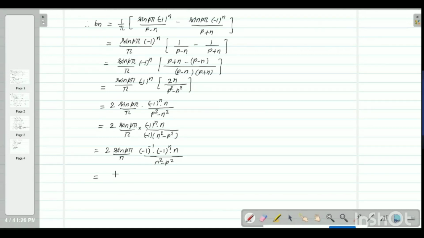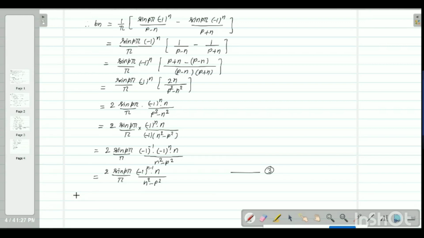So this can be written as 2 times sin pπ by π, minus 1 raised to, base is same, the power will be added, n minus 1, into n and divide by n square minus p square. Name this equation number 3.